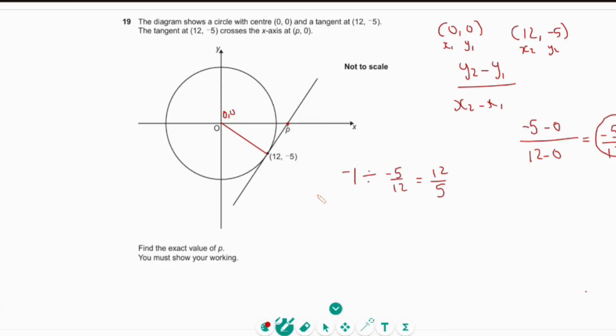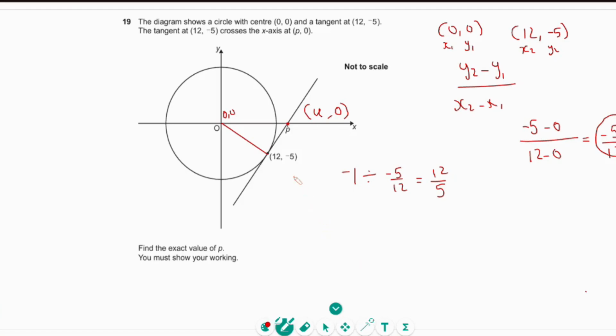So P here, I know one of the coordinates because it's on the x-axis. The y value is 0. We'll call the other one u for now, for the x value.